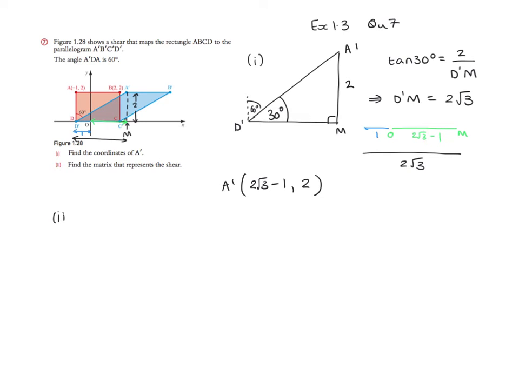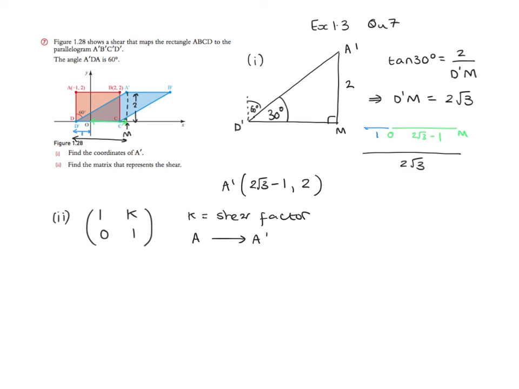Now, to find the matrix that represents the shear transformation, we know it's a horizontal shear transformation, so we know that the matrix is going to be of the format (1, k; 0, 1), where k is our shear factor. And there are lots of ways in which we can calculate the shear factor. One way is to think about the point A as it is transformed to the point A'.